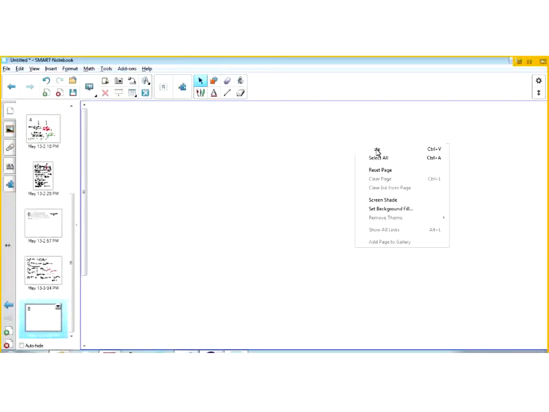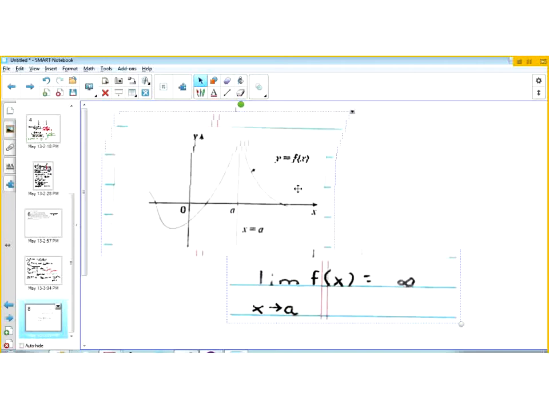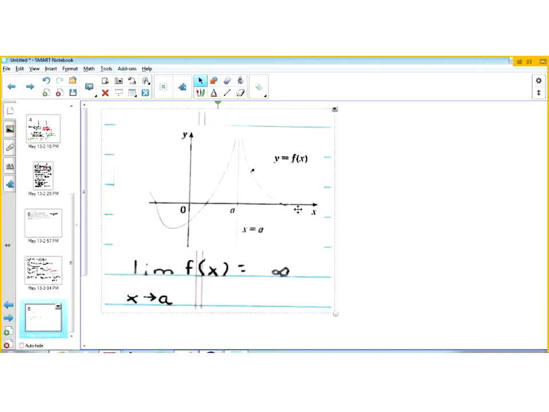So in this drawing, the limit as x approaches a number goes to infinity for this particular function. So can you readily see, as x approaches a from either side, the output goes to infinity. And what is the criteria for that to happen?